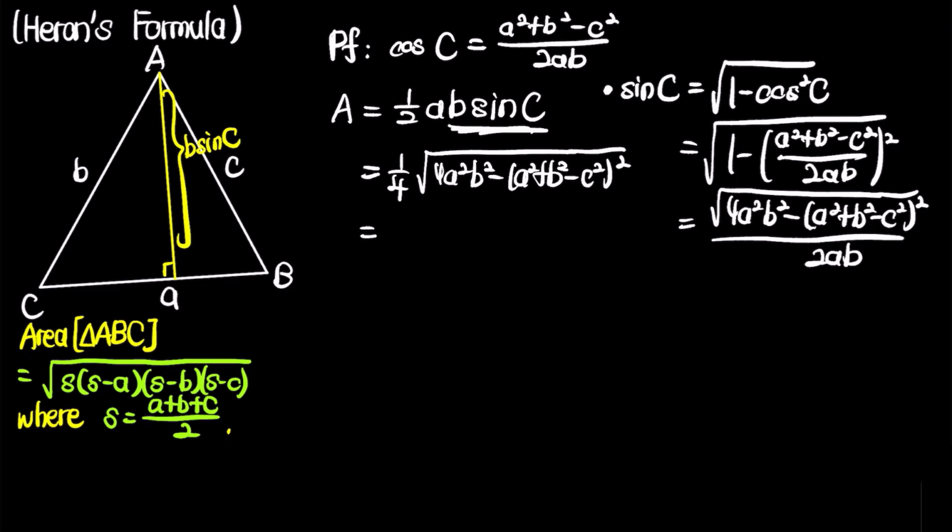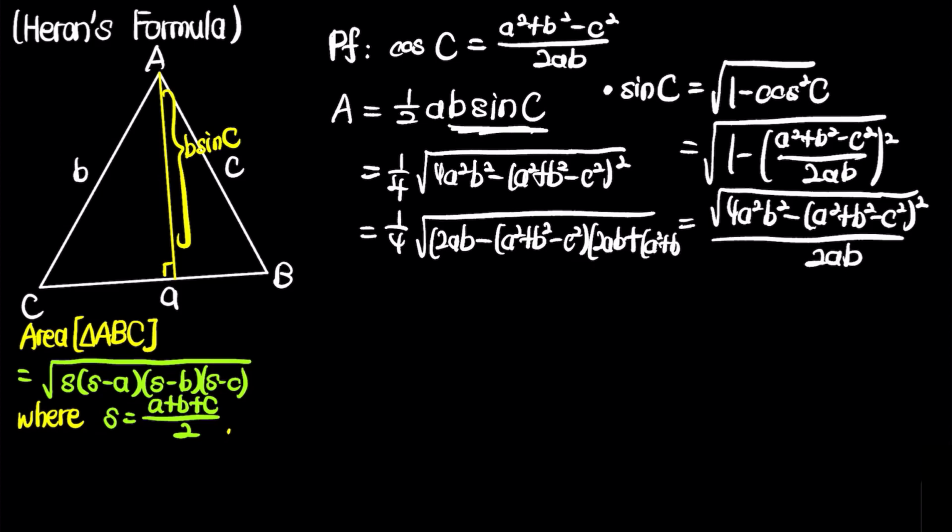But first, we will observe that we can factor this as a difference of two squares, which gives (2ab minus (a squared plus b squared minus c squared)) times (2ab plus (a squared plus b squared minus c squared)).